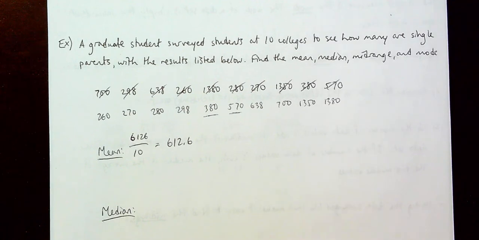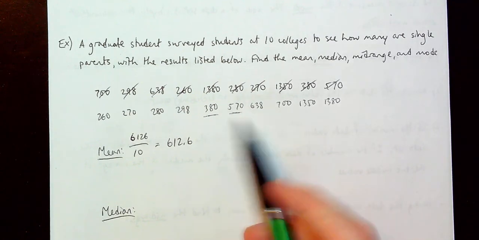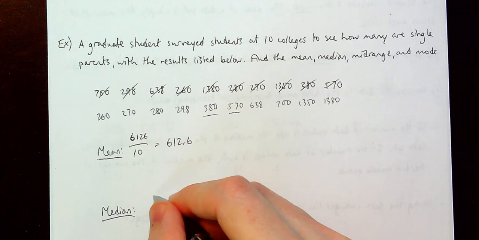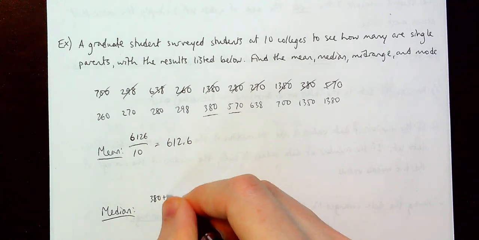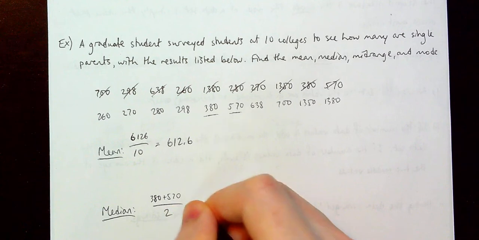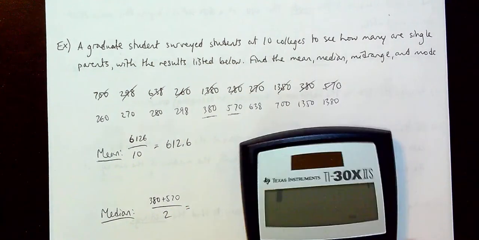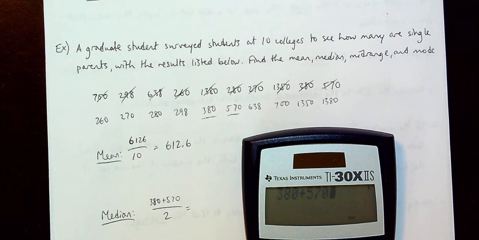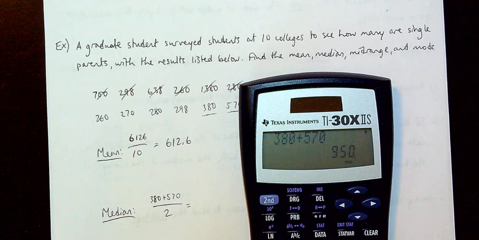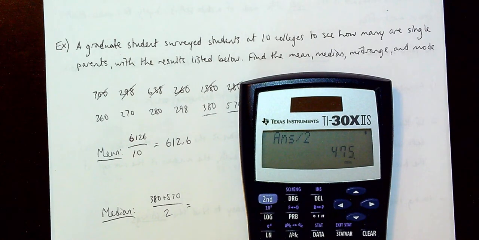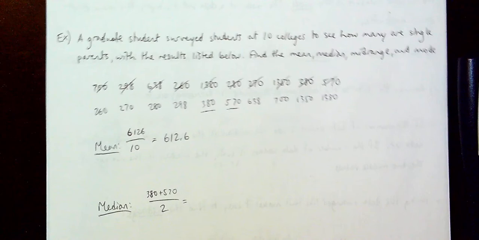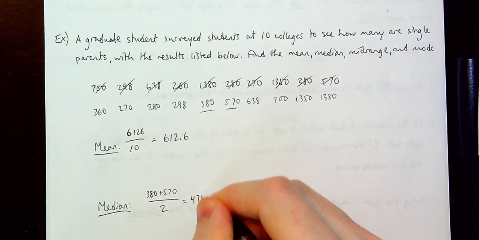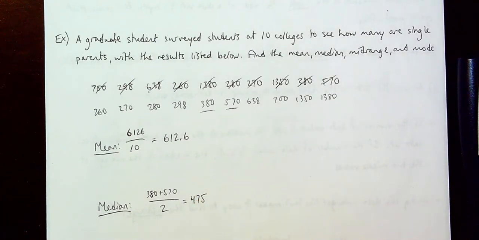So I'm going to take the average of, in this case, 380 and 570. 380 plus 570 equals 950. Divide that by 2, and we get 475. So there we go. There is our median value.